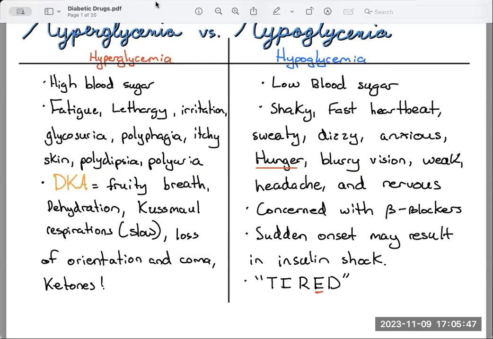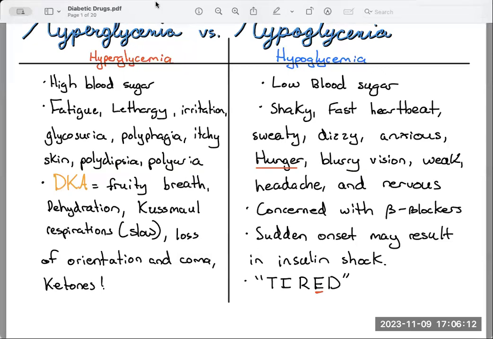And something that you can get when your sugar becomes really high, and I mean a blood sugar of like, let's just say 300, you can go into something called DKA, which is diabetic ketoacidosis, which is fruity breath, dehydration, and something called Kussmaul respirations, plus the normal characteristics that we see in diabetes mellitus, like the three Ps.